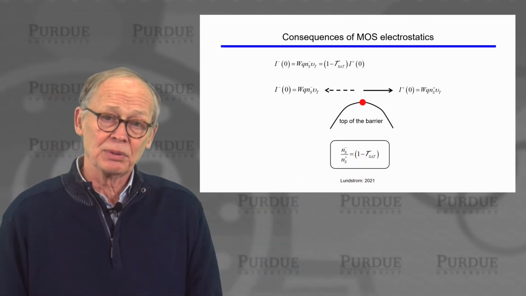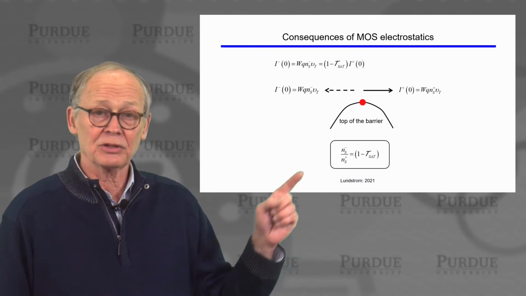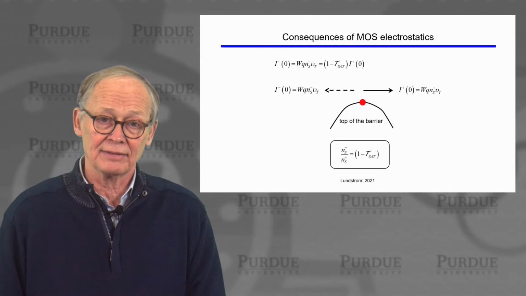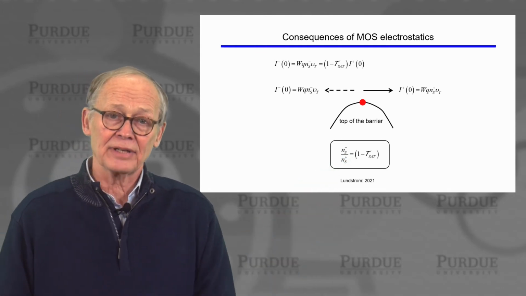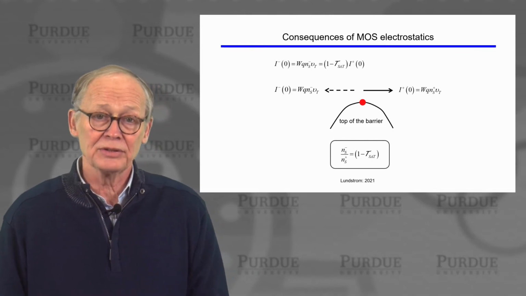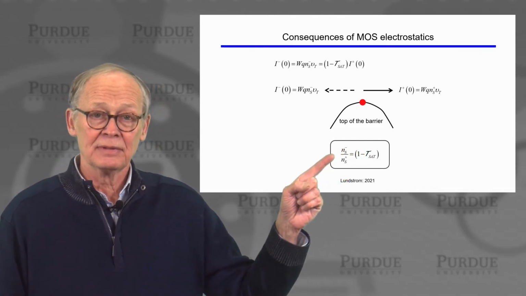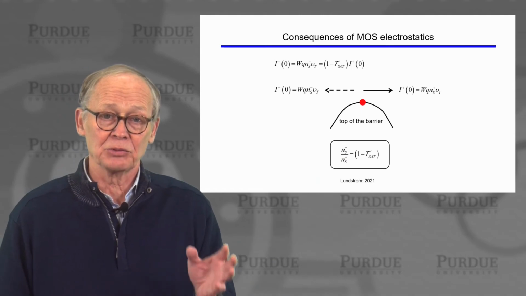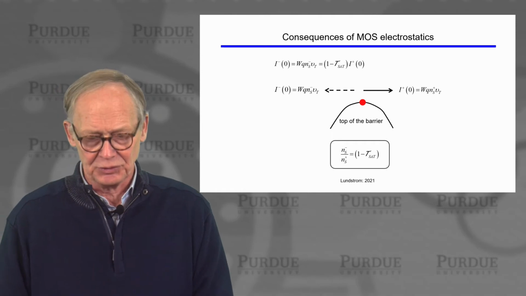You can see that if we're ballistic and the transmission is 1, then this ratio will be 0. There will be no electrons with negative velocities. On the other hand, if we have very strong scattering and the transmission approaches 0, this ratio will be 1, and we'll have equal numbers of electrons with positive and negative velocities. That would be the long channel limit, the diffusive limit.